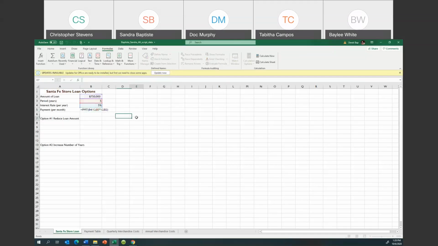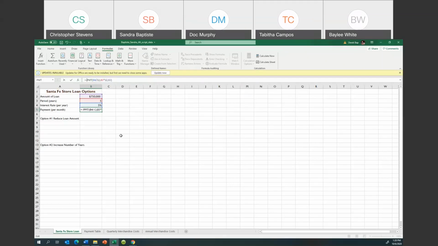So, to make a change with this, if you would please click into B5, you can go to the formula bar if you prefer, or you could click inside of the cell, whichever one. We want to insert a negative sign in front of the PMT. So put your insertion point between the equals and PMT, and put a negative sign right there.